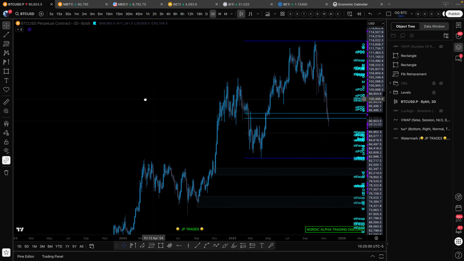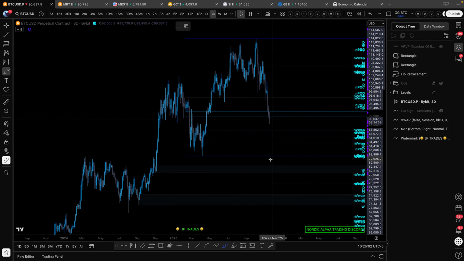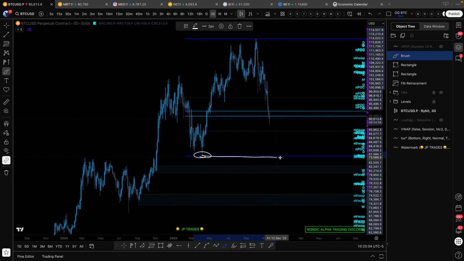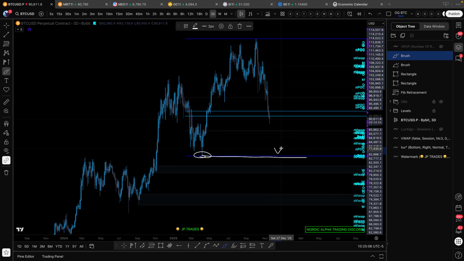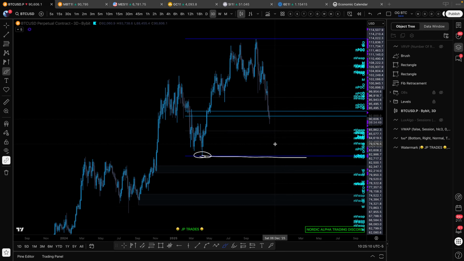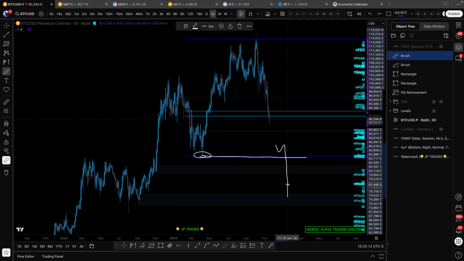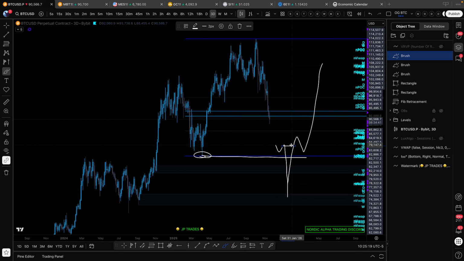What I would like to personally see in this scenario is you have this low to SFP, a quick wick in and back into this range, or a very quick liquidation event, a very large wick, and you have a 1 or 4 hour market structure shift here.